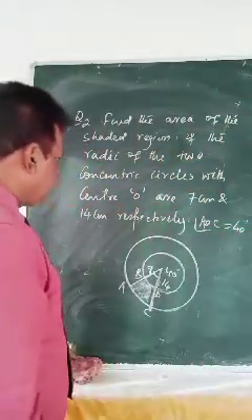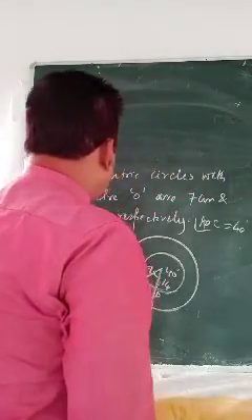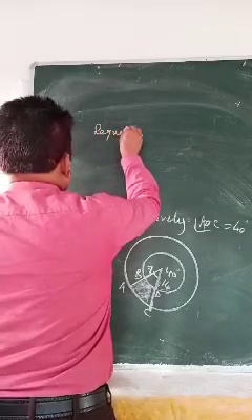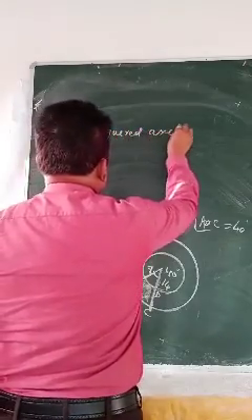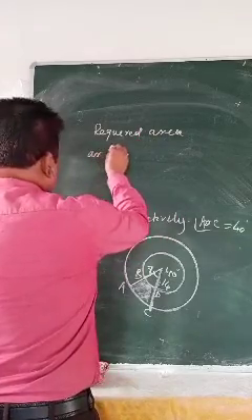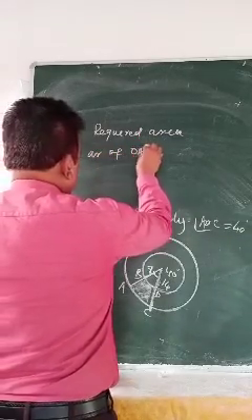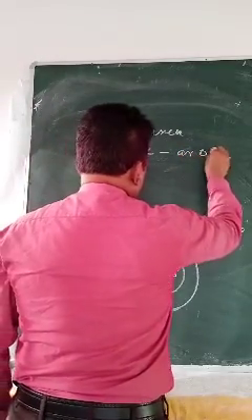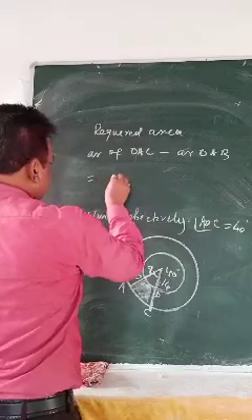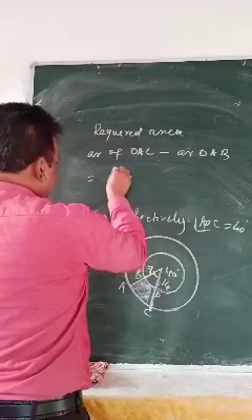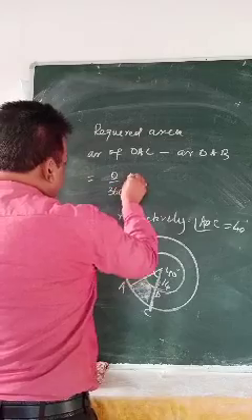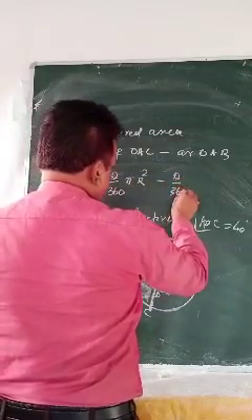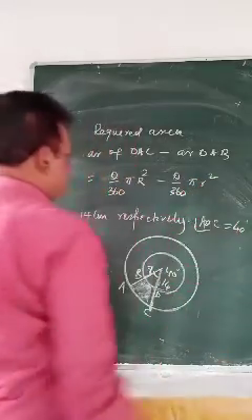So what is the required area? Required area is area of OAC minus area of OAB. OAC means theta by 360 pi big R square, minus theta by 360 pi small r square.